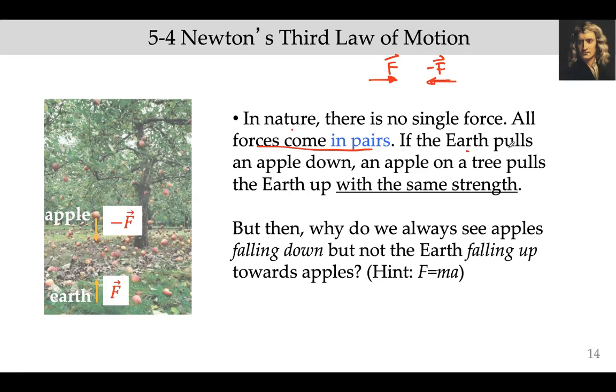So if the earth pulls an apple down, an apple on a tree pulls the earth up with the same strength. The apple here on the tree, or the apple that's falling, they are always pulling the earth with the same force in the up direction. Now, I know you have this question in your mind: why do we always see apples falling down, but not the earth falling up towards the apple?